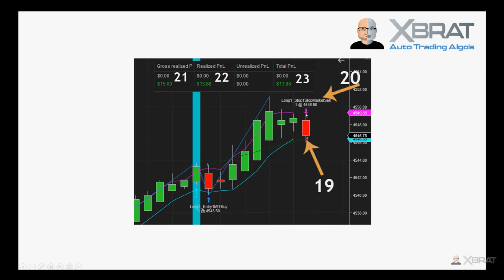So again, it's quite visual, so you can see, especially when you're back testing, the little up arrow with the writing down here is your entry candle, and that's your exit candle with the down arrow, the cyan there as well. So number 21 is your gross realized profit, so $15 on this 1 micro contract here.